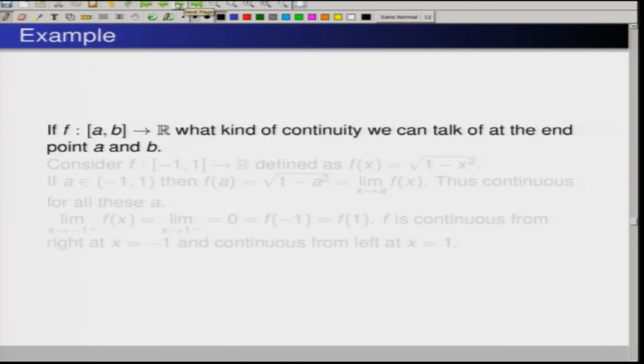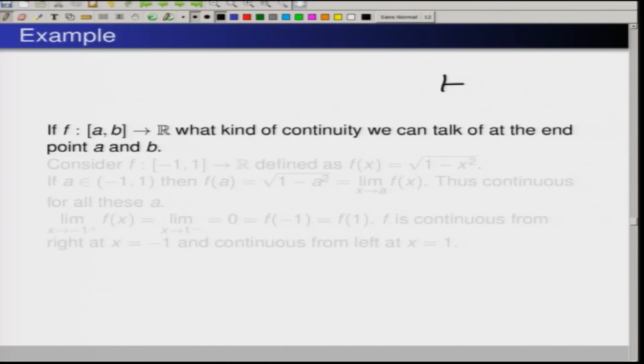Now, we can apply this concept of left continuity and right continuity for any function defined on a closed and bounded interval [a, b], at the end points of these intervals. Naturally, at the left end point we can only talk about the right hand limit.